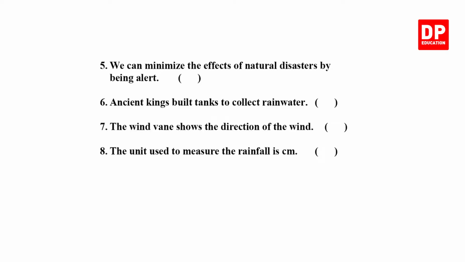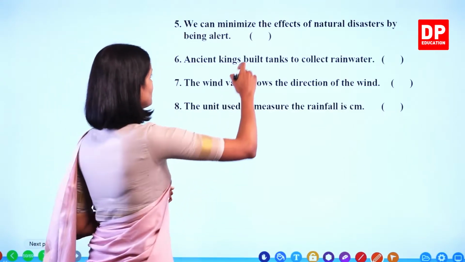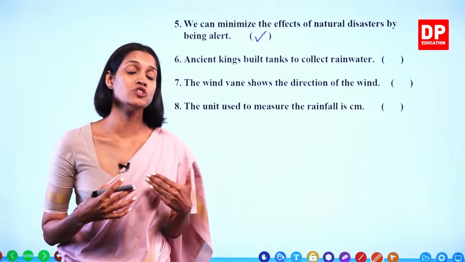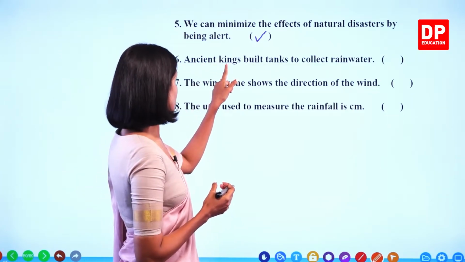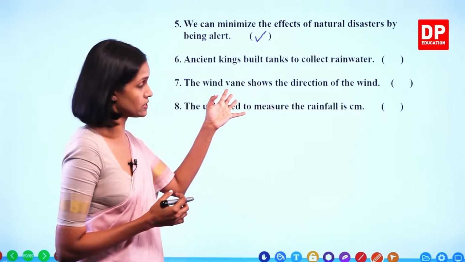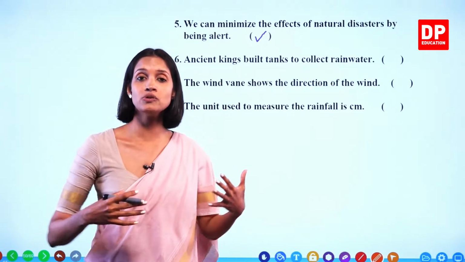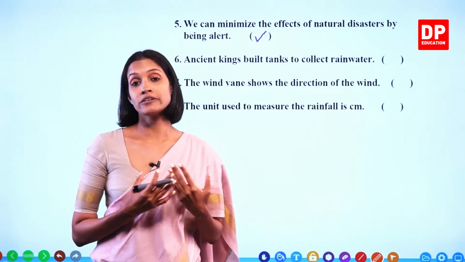5. We can minimize the effects of natural disasters by being alert. It's correct, okay? Being alert, and sometimes there are some human activities we should stop doing. That's also there. Ancient kings built tanks to collect rainwater. Yes, because our country is an agricultural country, so the kings had to make tanks to collect rainwater that is required for agriculture.